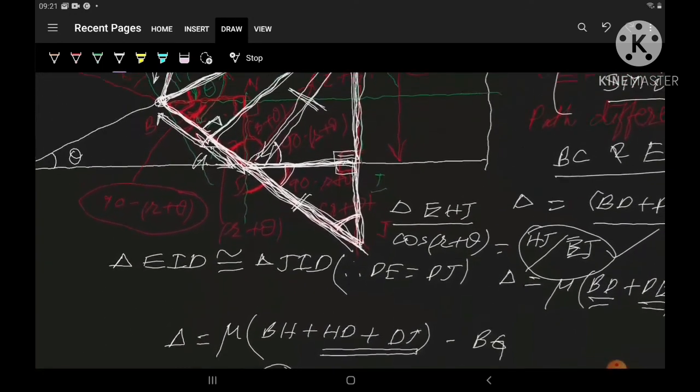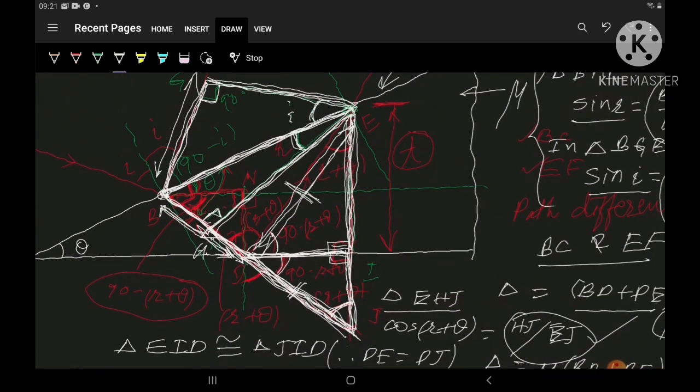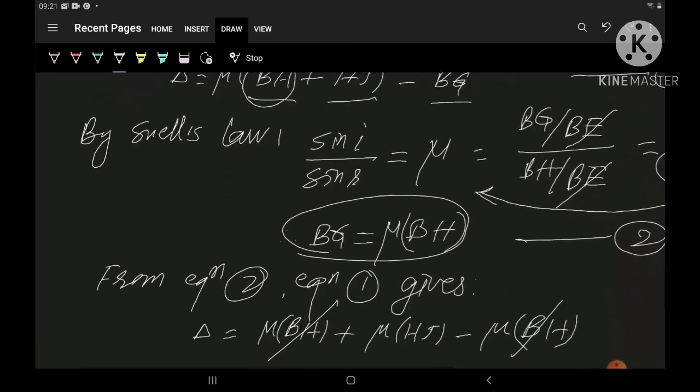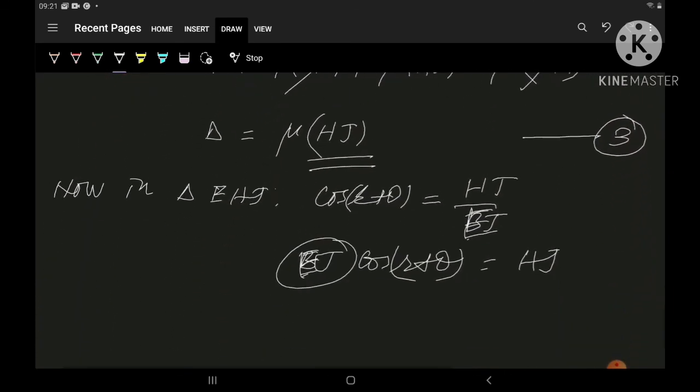EJ means EI plus IJ, and EI is equal to T, and that is exactly equal to IJ, which is again T. So T plus T means 2T. So EJ means 2T, and 2T cos of r plus theta is equal to HJ.